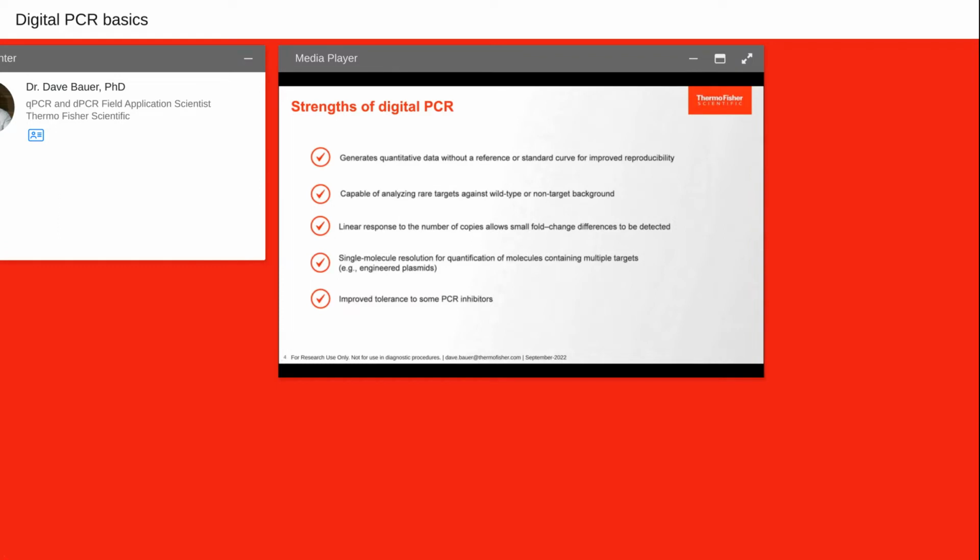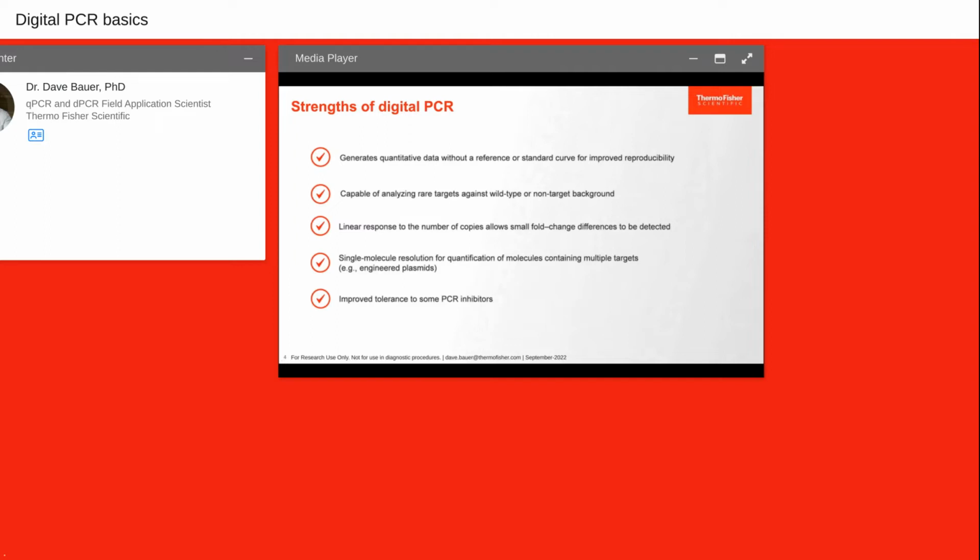And there's also a linear response in digital PCR compared to the logarithmic response in signal with real-time PCR. And this makes detecting very small changes very helpful. So even if you're not doing absolute quantification, but just relative, such as gene expression or copy number variation, digital PCR can still be very beneficial there over real time.